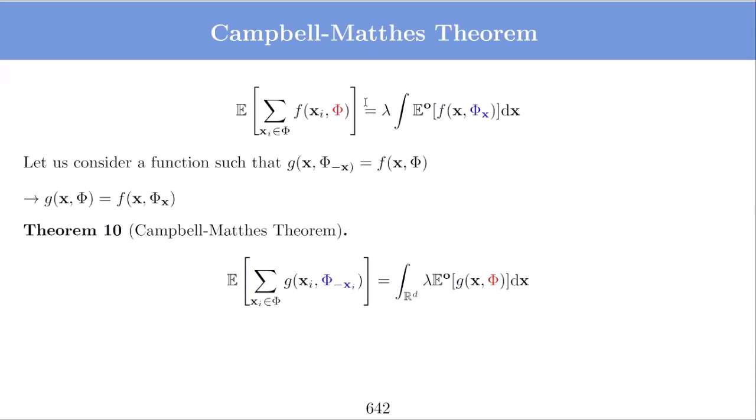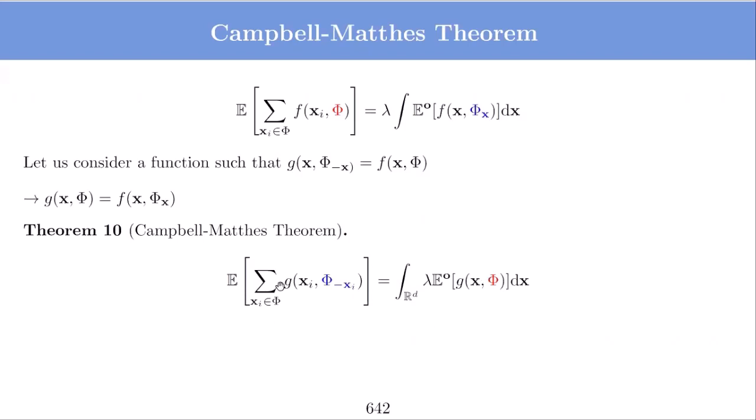So if you put it there, on the left hand side you get the summation over all points of g(xi, phi minus xi), and on the right hand side you get lambda times the expectation of g(x, phi) under the palm measure at 0, because instead of phi you have phi minus xi. So if you take phi, shift it by minus x, and then shift it again by x, you just get phi.